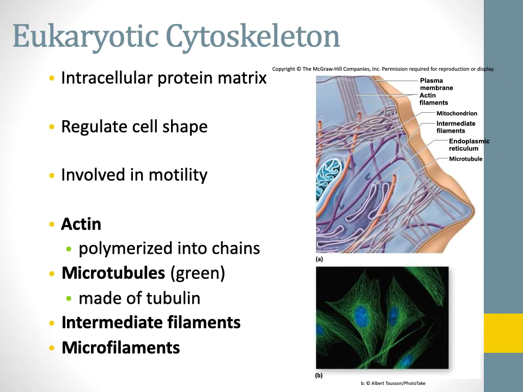They also can rearrange, just like the actin can rearrange in a prokaryote, and allow for motility. Something like an amoeba, which is a protozoan, you can see this ability of changing its shape, rearranging those actin filaments to allow for that to occur.